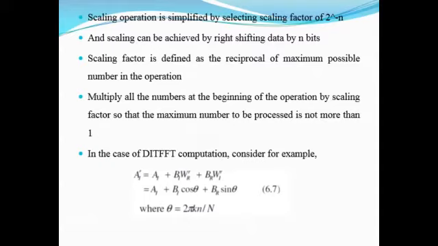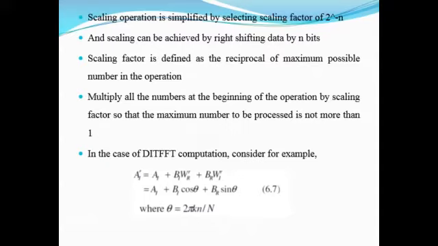In the case of DIT FFT computation, we will consider one example. AI dash is AI plus BI into WR power R plus BR into WI power R. This is just an equation that we consider as an example from the DIT FFT computation process. And AI plus BI WR power R is giving us cos theta. So this is the real part.